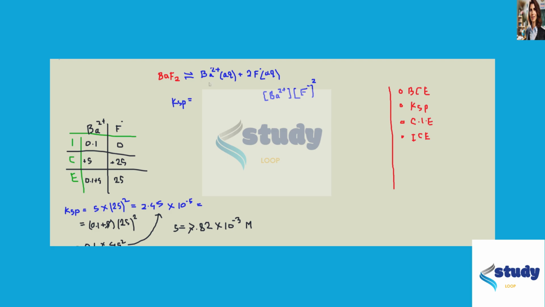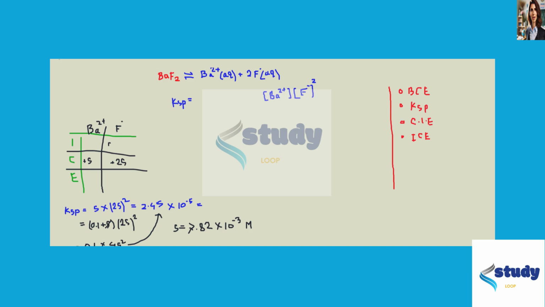Again, the balanced chemical reaction will be the same and the Ksp will be the same, but we need to change our initial and equilibrium concentrations. So now we have a common ion effect, and now the common ion is fluoride.